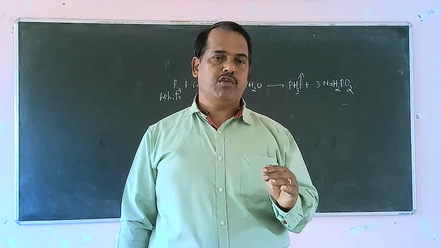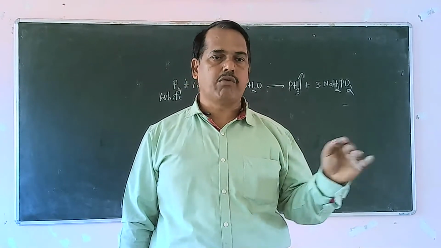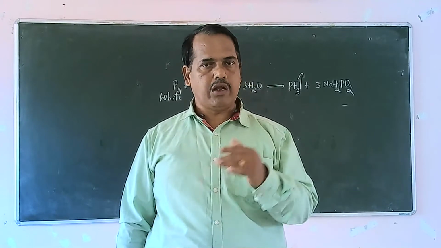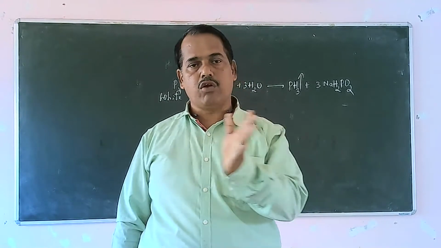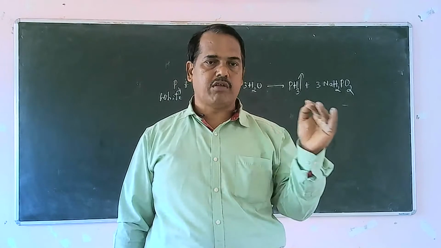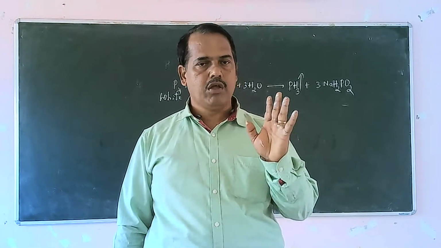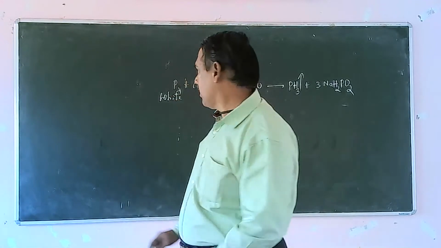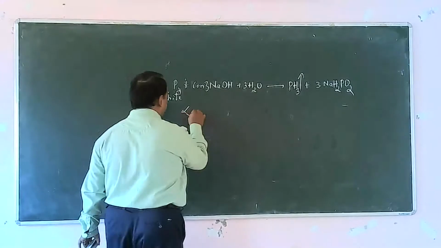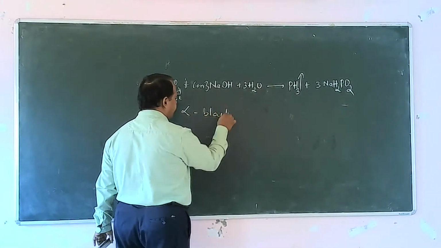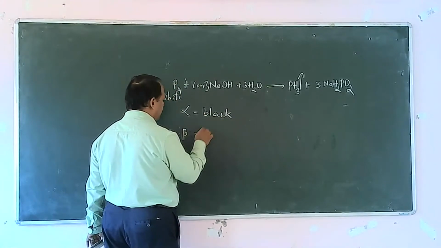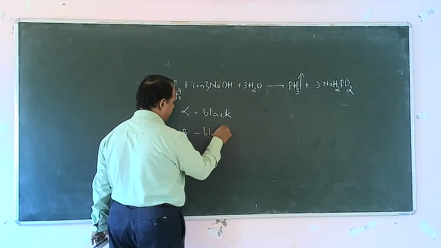Again, when red phosphorus or white phosphorus is heated at different temperatures, different allotropic forms of phosphorus are obtained. According to your syllabus, you have to remember two forms. One is alpha black phosphorus. Another one is beta black phosphorus.